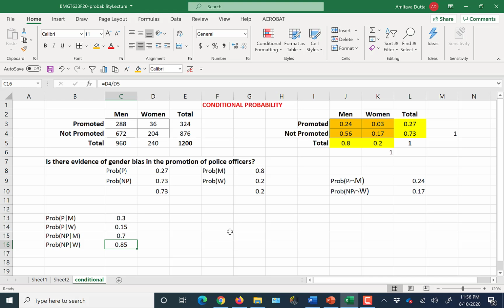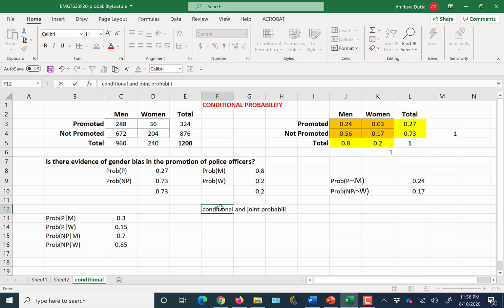So make sure to, as we go through this discussion, try and understand the distinction between conditional probability and joint probabilities. Okay, so let me write that down. Try and understand the distinction between the two. Both involve two events.